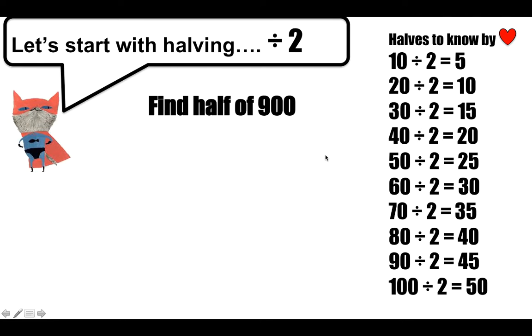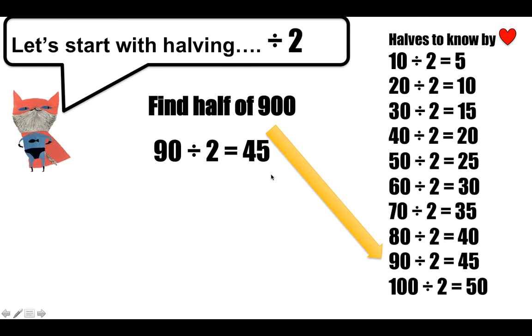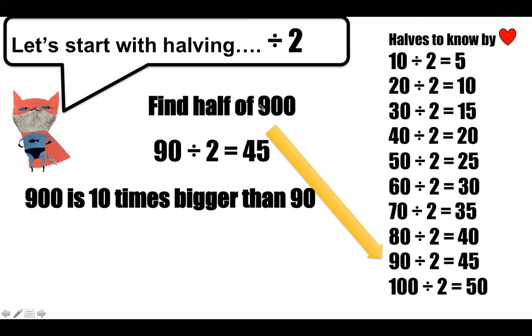So if I find a question like find half of 900, I can make a very quick connection in my mind to this fact here, which is showing me half of 90. And half of 90 is 45, which we know. Let's keep in mind some other things that we were learning about partitioning and powers of 10 the other day. 900 is 10 times bigger than 90.